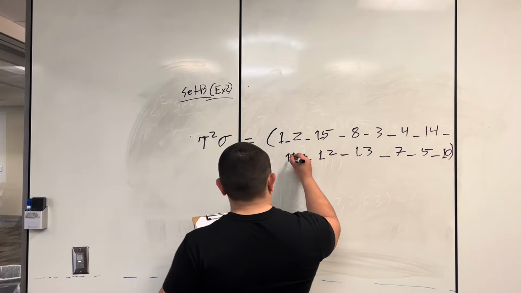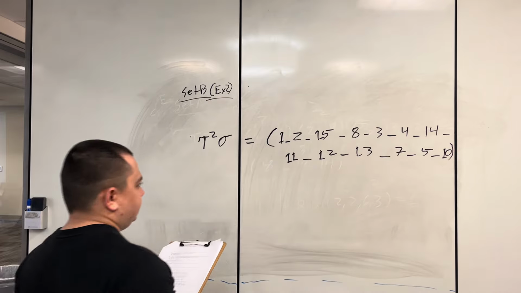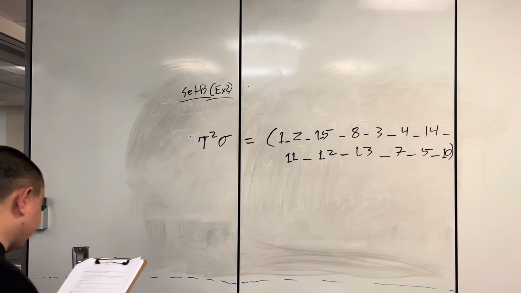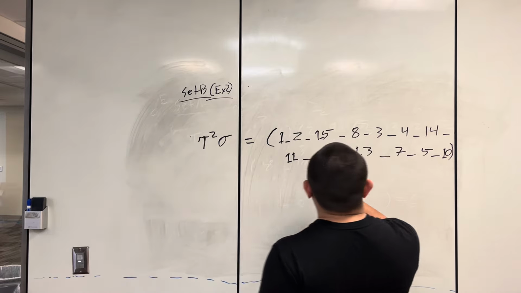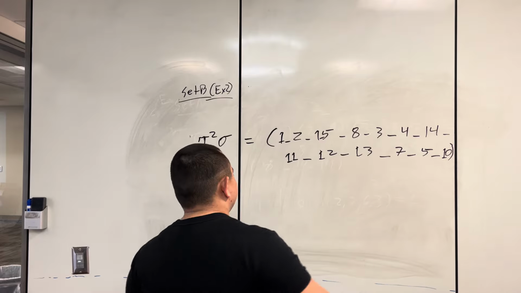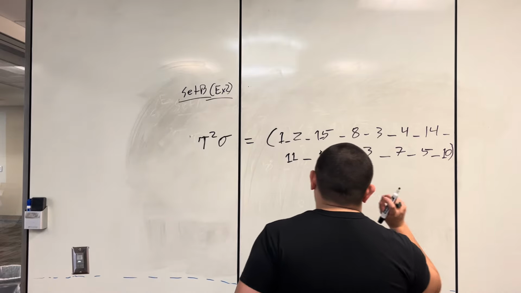All right, what's the order of this? Well, that's one disjoint cycle, right? So it's going to be the LCM of that single thing, which of course would just be its length.